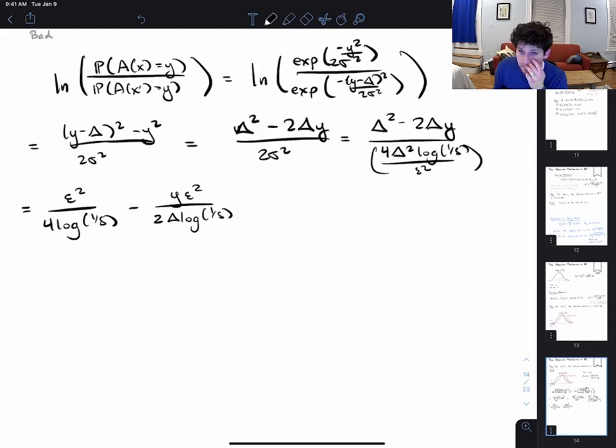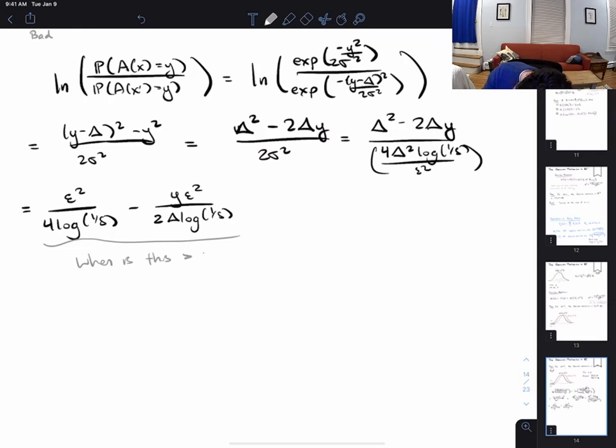So this is a linear function in y. Okay, so this basically says, when is this thing bigger than epsilon? We want to know when this is bigger than epsilon, because that's exactly the set of bad y's.